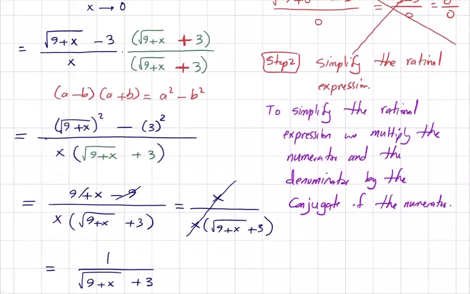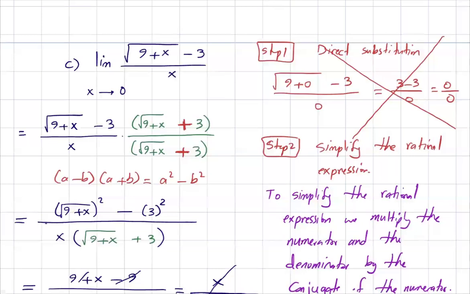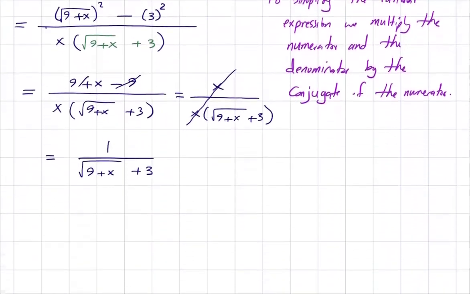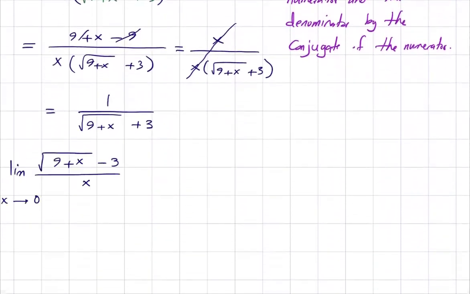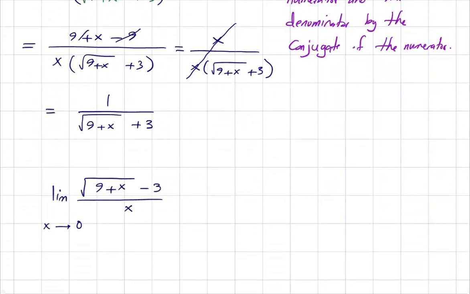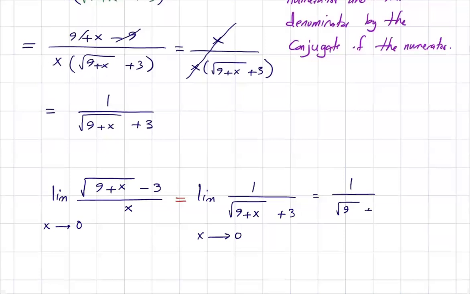So to find the limit of this rational expression as x goes to 0, you're basically finding the limit of the simplified version of it, which is the limit of 1 divided by square root of 9 plus x plus 3 as x goes to 0. So now apply direct substitution. You get 1 divided by square root of 9 plus 3, or 1 divided by 3 plus 3, or 1 over 6.